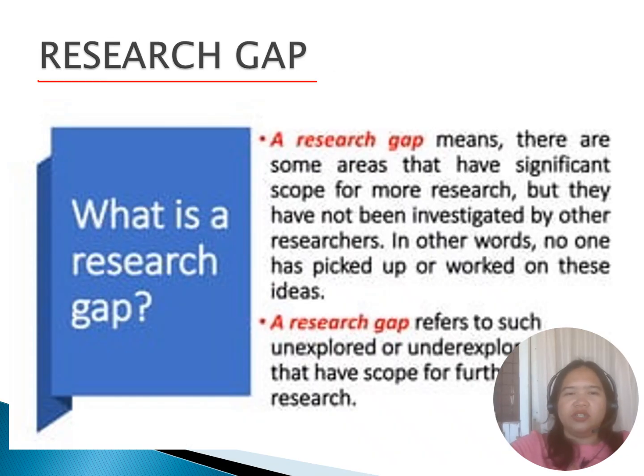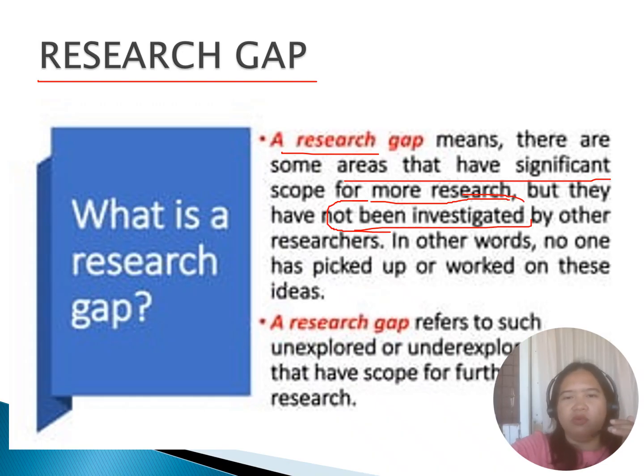Research gap. When you say research gap, you say gap, right? There's a space between. There's a lot of research done by scientists, but there is really some gap between them that hasn't been done yet. So when you say research gap, these are areas that have not yet been investigated.